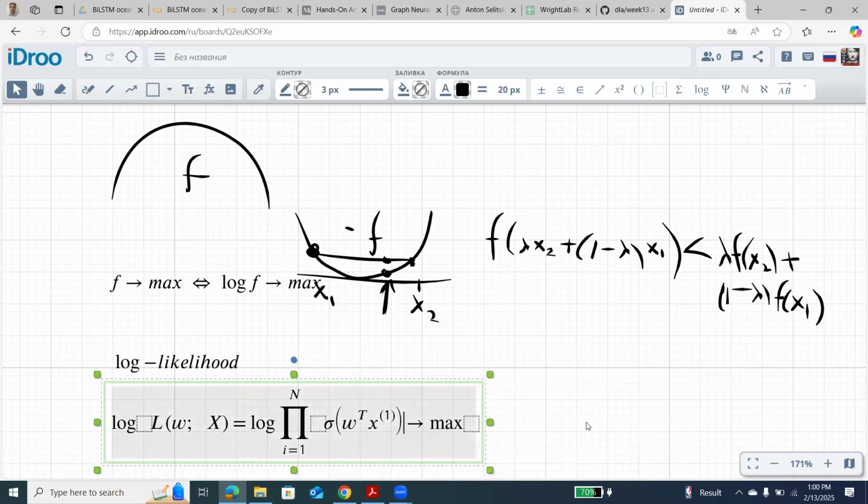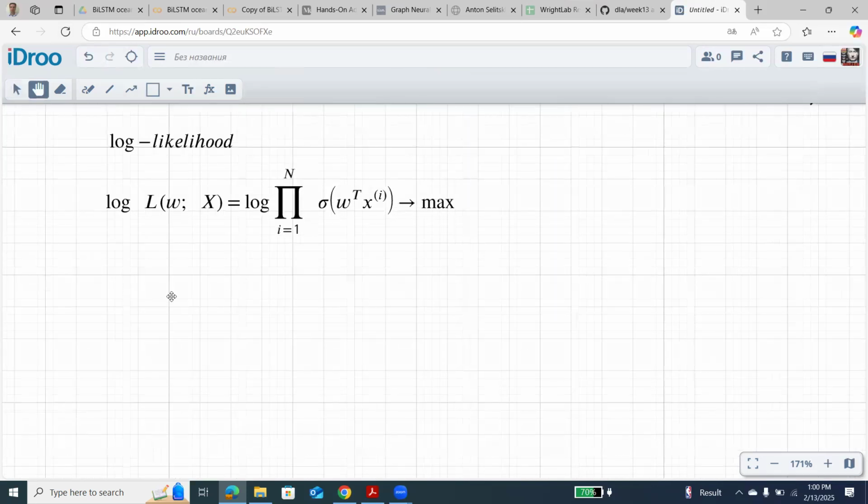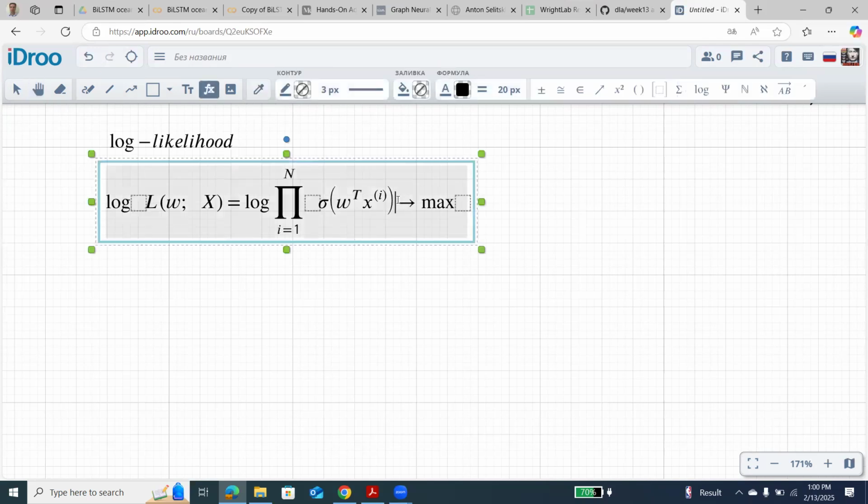So the first step is to write your likelihood or probability as the product of probabilities, and then we apply logarithm, because log of the product will be the sum of logs.